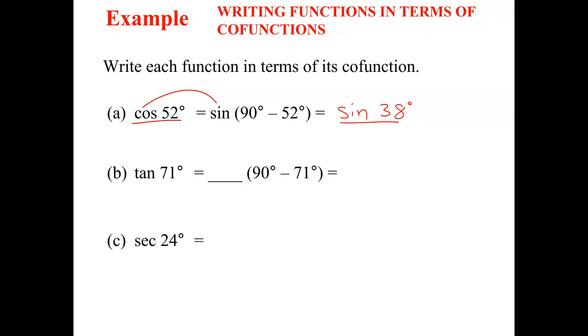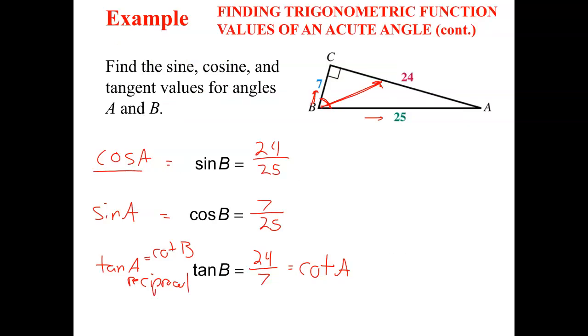You'll get the same exact value. Because we're using the cofunction. We're subtracting the angle measurement from 90 degrees to get the cofunction. So cosine of 52 and sine of 38 are going to be equivalent, just like cosine of A was equivalent to sine of B. Okay?